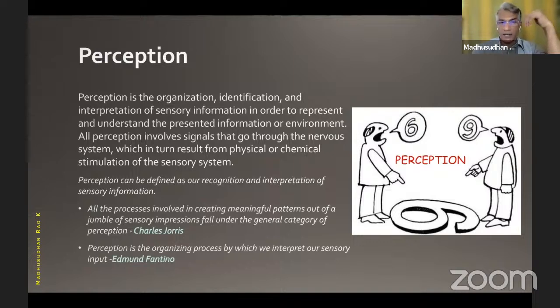Perception is the organization, identification, and interpretation of sensory information in order to represent and understand the presented information. All perception involves signals that go through the nervous system, which in turn result from physical and chemical stimulation of the sensory system.